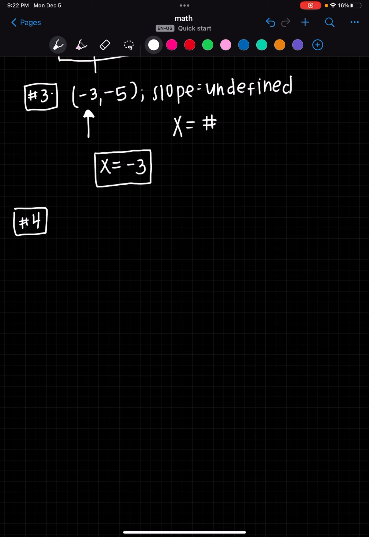The last example wants you to go through the point -5, 2, and use a slope of -3/4. So first things first, we're going to label our numbers x1, y1, and then m. Now we're going to use that point slope form because we can, because it's not an undefined slope.